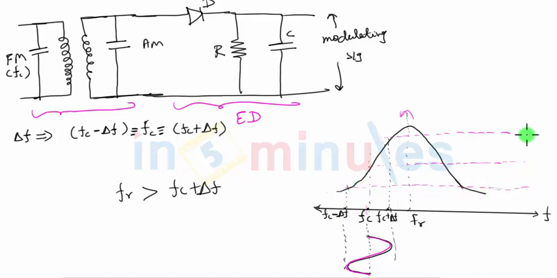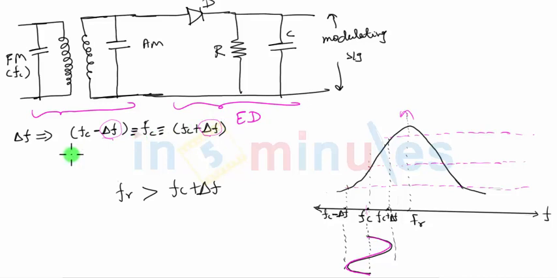In general, at any given point of time, input frequency from this FM side will be anything between Fc minus delta F and Fc plus delta F. I repeat, delta F is the frequency deviation which represents the maximum value by which Fc will change on both the sides.